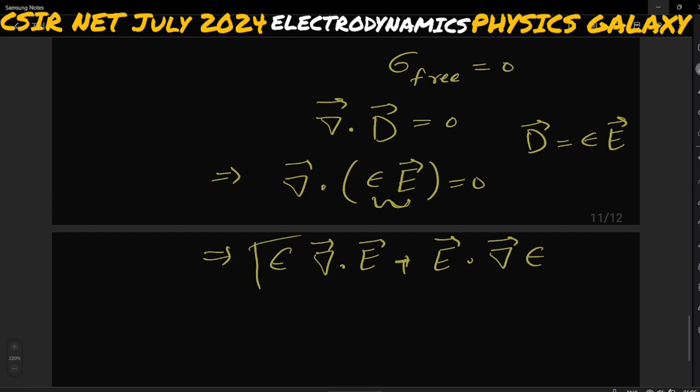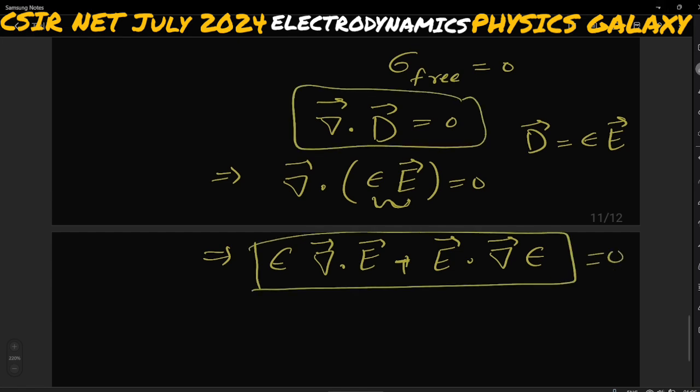Now it's equal to 0, because divergence of D equals to 0.